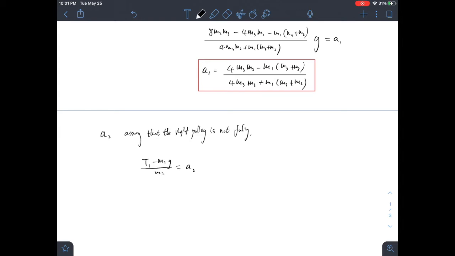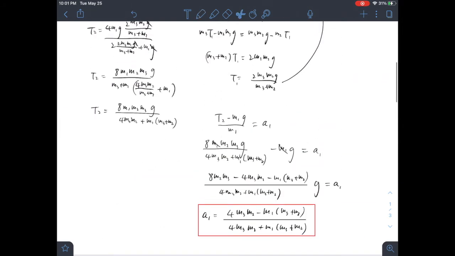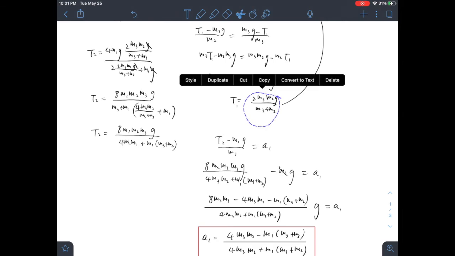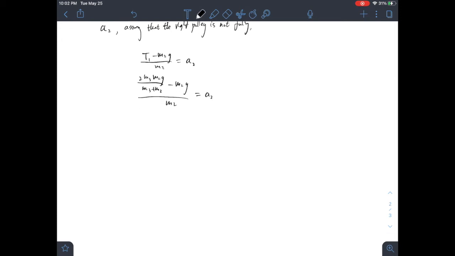Since we know they are on the same string, we're going to use conservation of string, then we know they have equal magnitude of acceleration, which we already calculated. We know (T1 minus M2G) divided by M2 is equal to A2, and T1 we already know, so plug it in. We find out that A2 is equal to this expression. We cancel out the A2s.